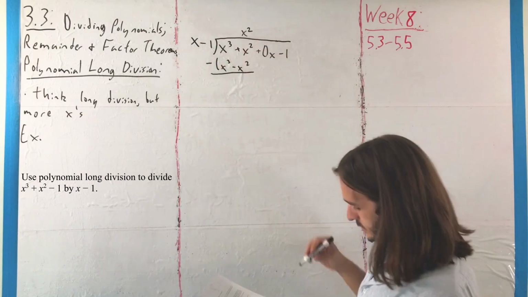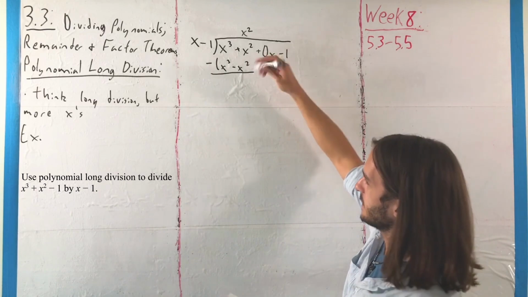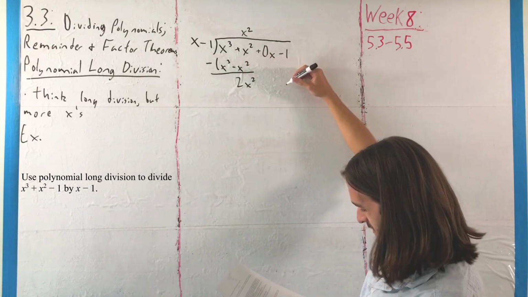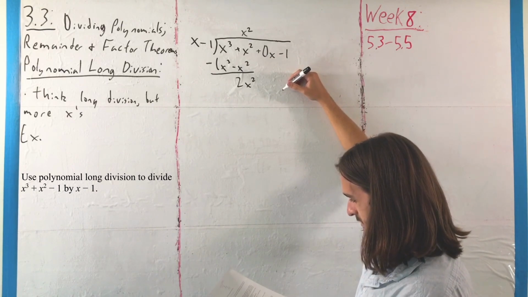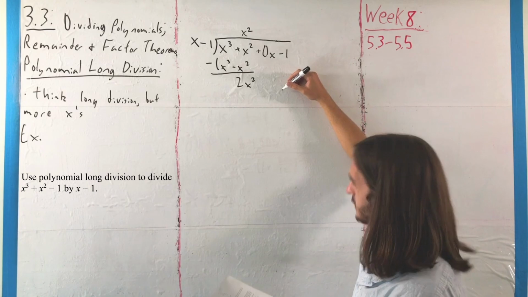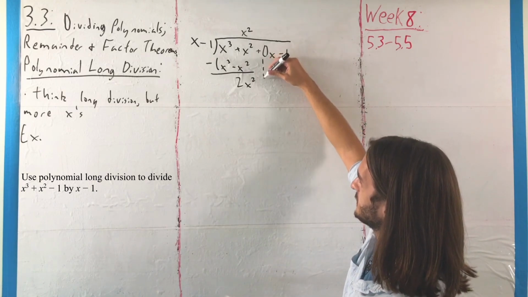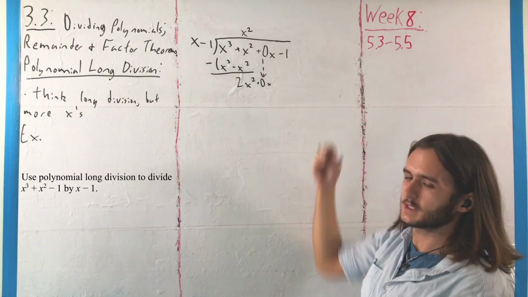And there, the x cubes are going to cancel, and we'll have a double negative with that x squared. So we're going to get a 2x squared, and, well, the instinct here would be to carry down the 0. So I'm going to carry down the 0, even though it doesn't really do anything, just to know it's there.